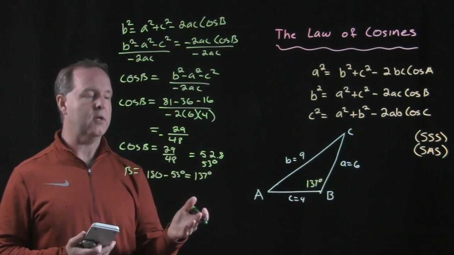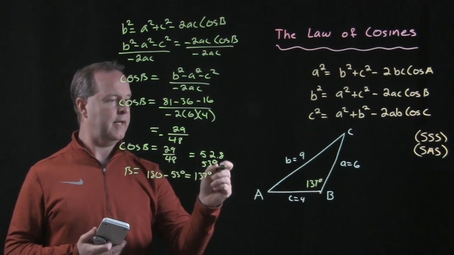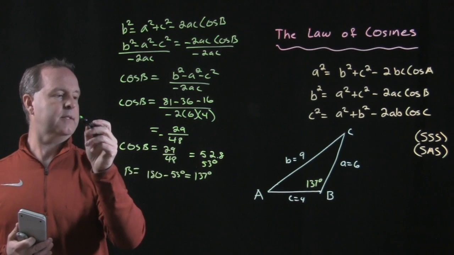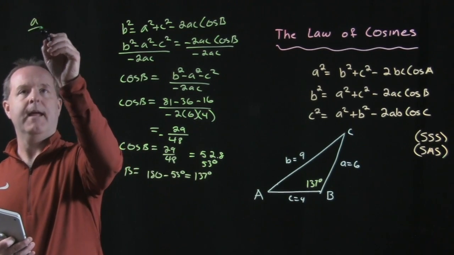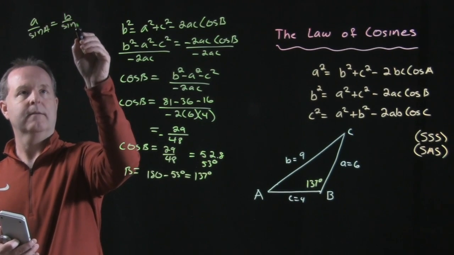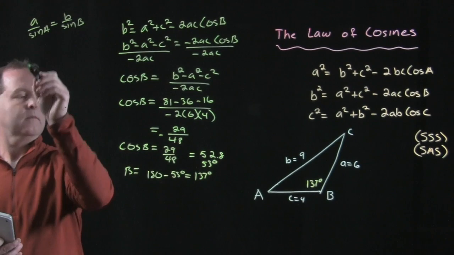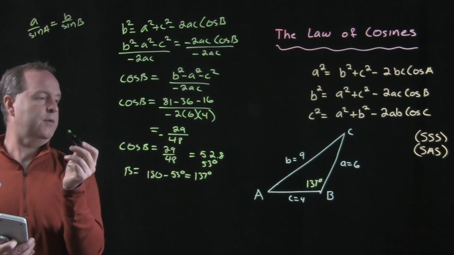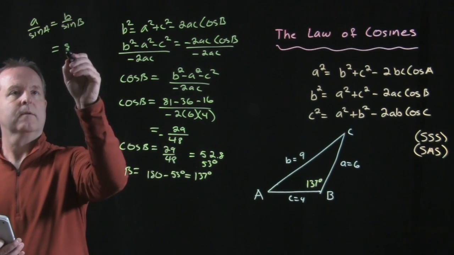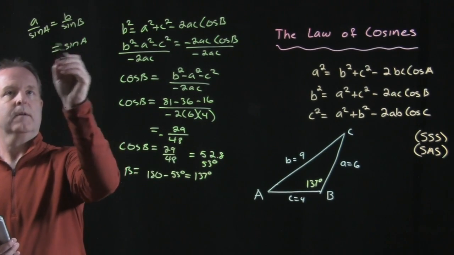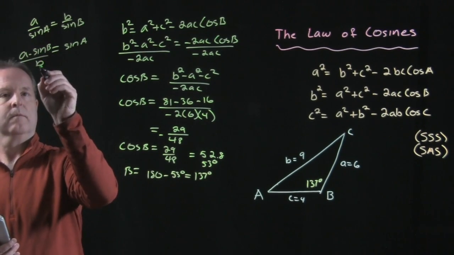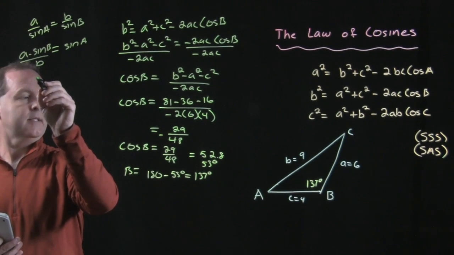From there, we can now use one of the law of sines. And since I'm looking for A and I have B, let's go ahead and do that. So A over sine of A equals B over sine of B. And I'm looking for the sine of A since I don't know that. A is 6.